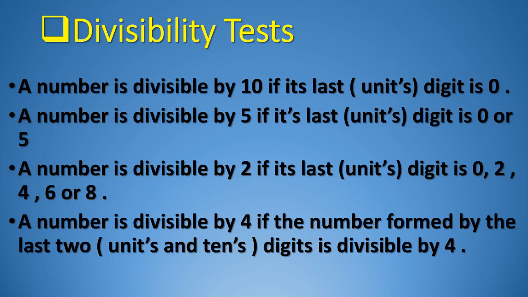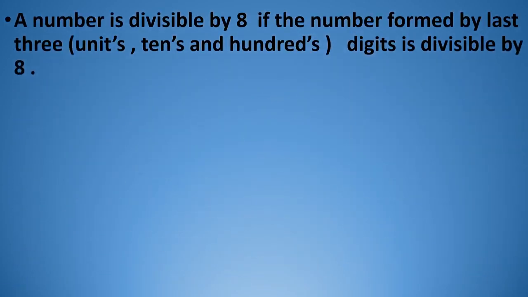After that, we have done 8. A number is divisible by 8 if the number formed by the last three digits, that is unit place, tens place and hundreds place, is divisible by 8.